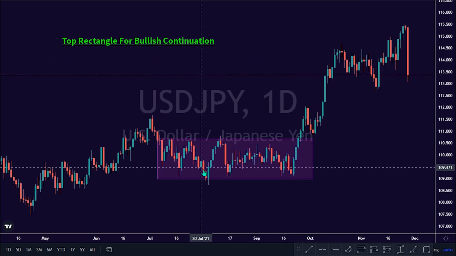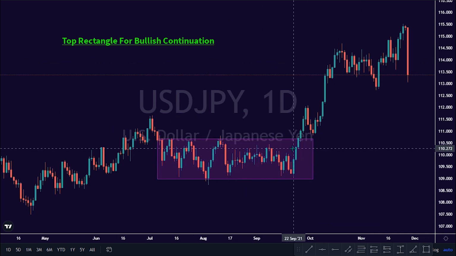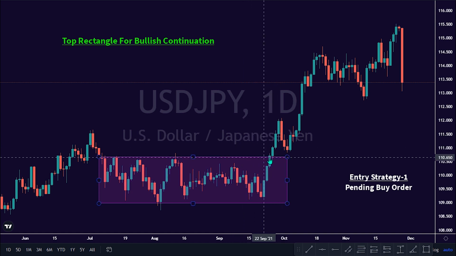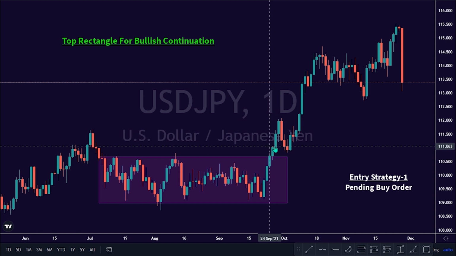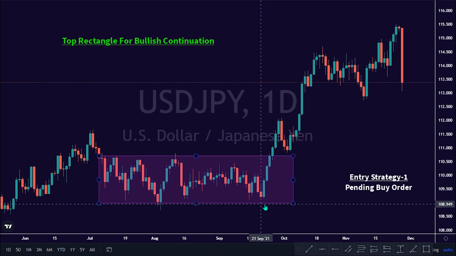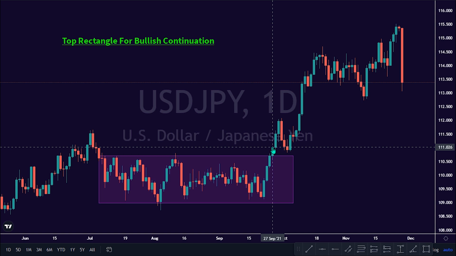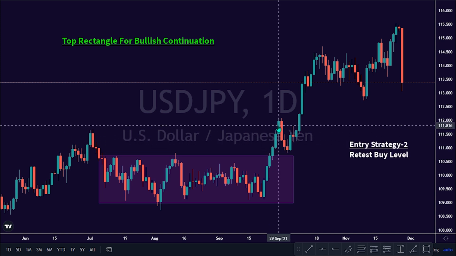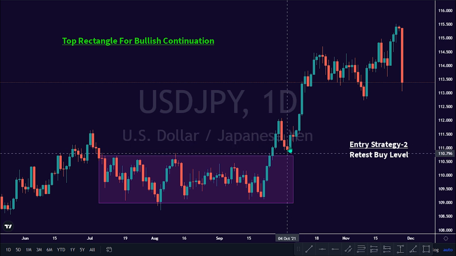The best entry strategy to trade this pattern is to set a pending buy order slightly above the resistance upper line of this pattern, and set our stop loss below the low of the support of this pattern here. The second entry strategy, which is not usually guaranteed in a strong bullish trend, is the retest entry strategy.